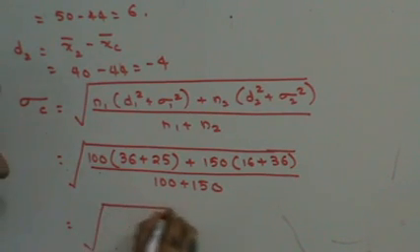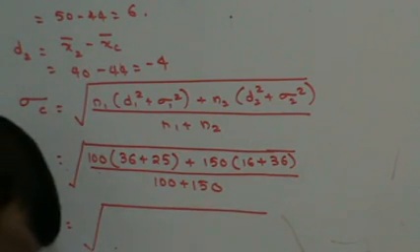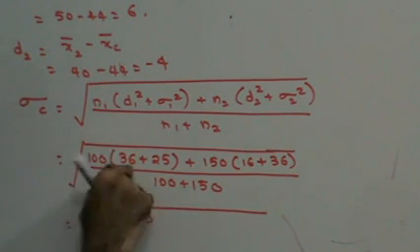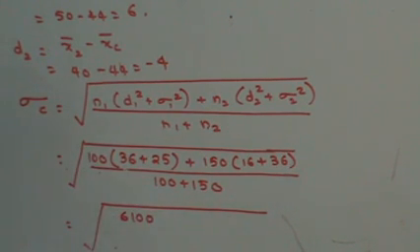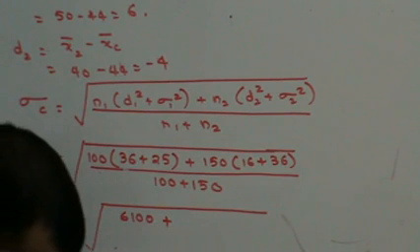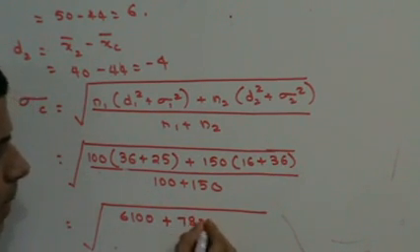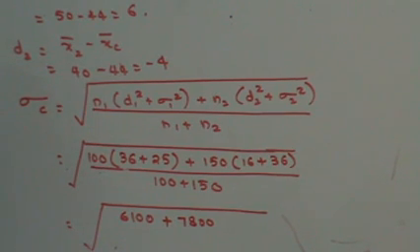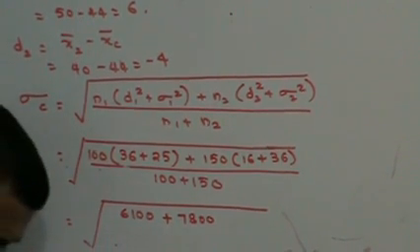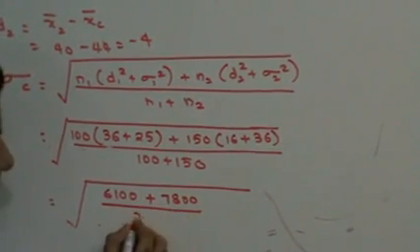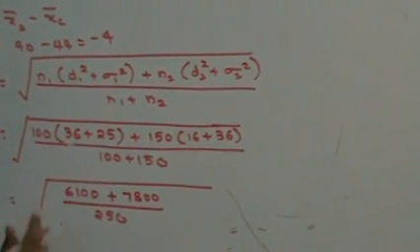So when you solve this, this is going to come to 6100, that is 25 plus 36 is 61 into 100 is 6100, plus this will come to 7800. How did I get this? 16 plus 36 is 52 multiplied by 150, divided by 250.